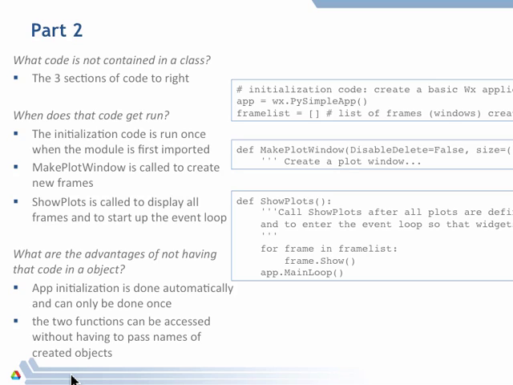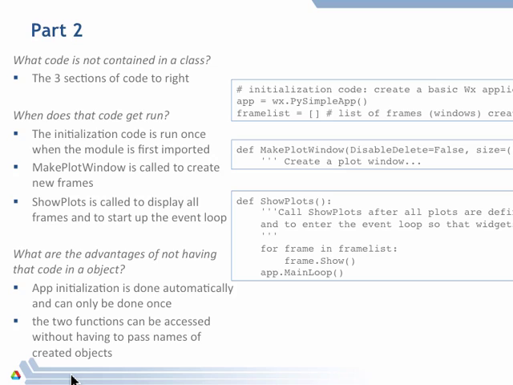First, there are a couple of lines of executable code that always get done, and it calls wx.PySimpleApp, which will create a Python application for us. We'll talk more about that later, but you did see that last time. And it initializes a variable.